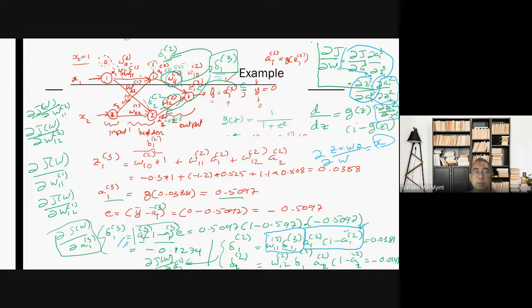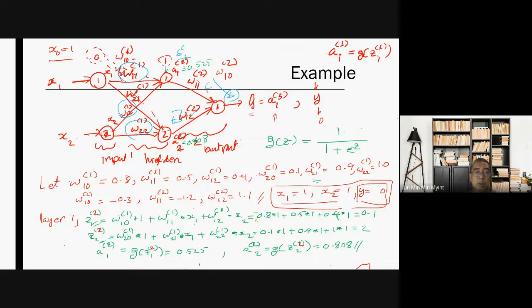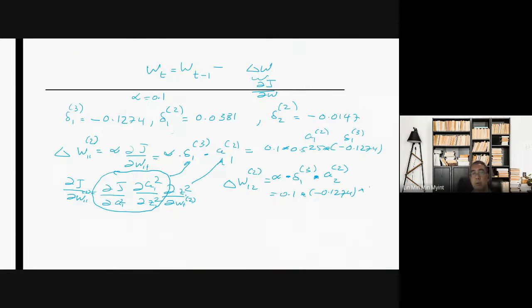We have calculated A22, 0.808 like this. So it will be equal to minus 0.0112 like this.